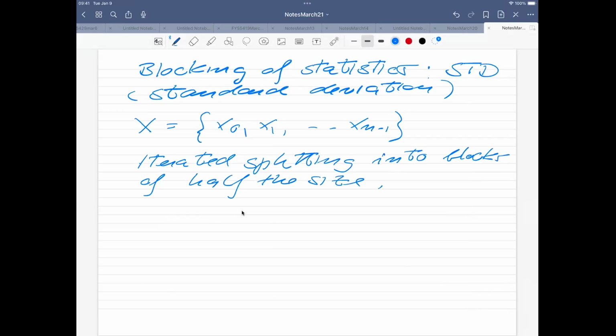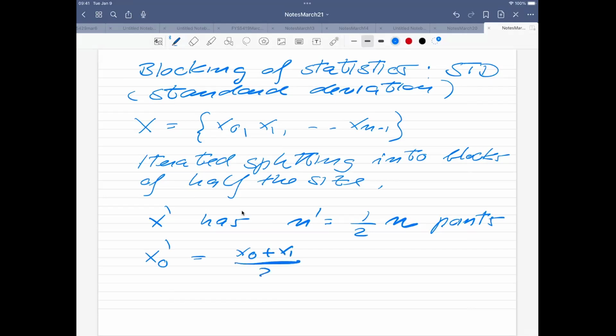So what does it mean? We would now define an x prime, which has n prime data points, which is 1/2 divided by n, times n points. So that means that we are going to define an x0 prime, which is given by x0 plus x1 divided by 2.